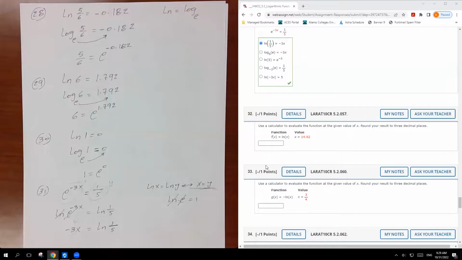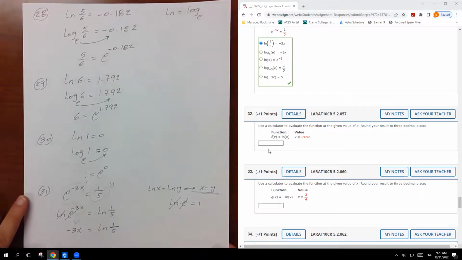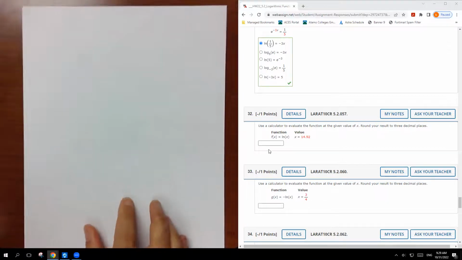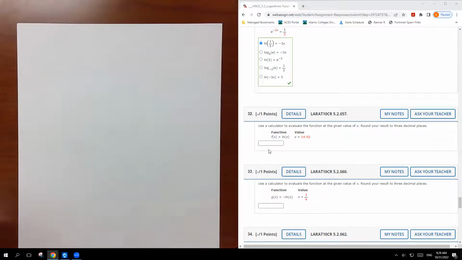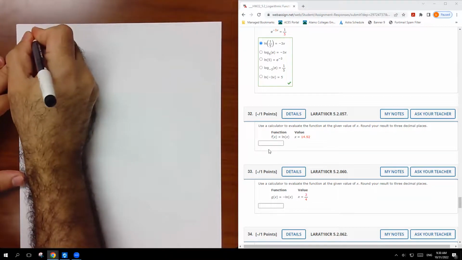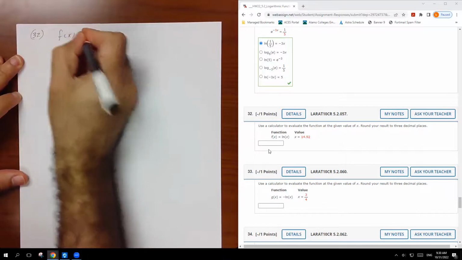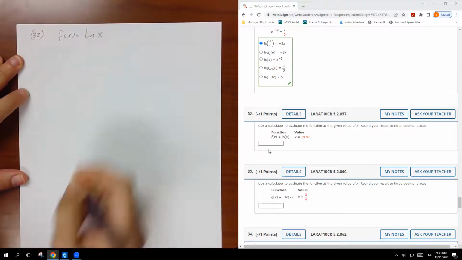So 32, we're going to evaluate. We have f of x equals ln x.